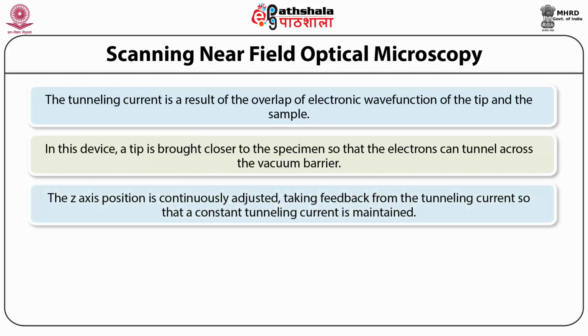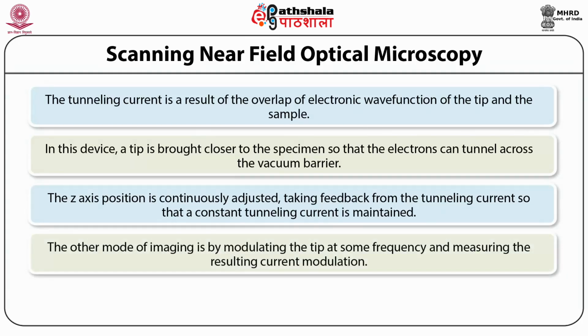The Z-axis position is continuously adjusted, taking the feedback from the tunneling current so that a constant tunneling current is maintained. The position of the Z-axis piezo therefore reproduces the surface of the material.